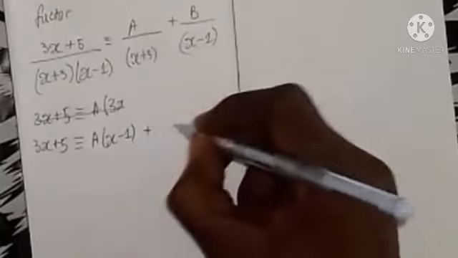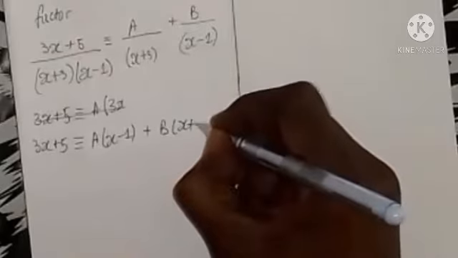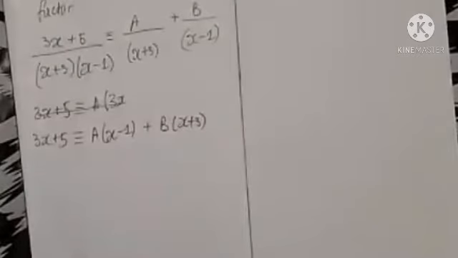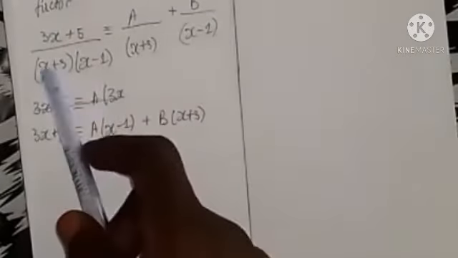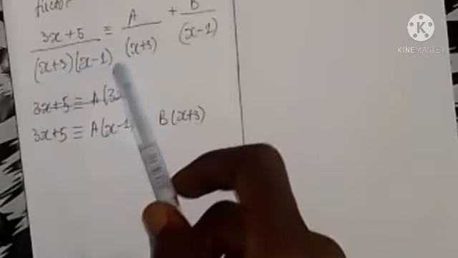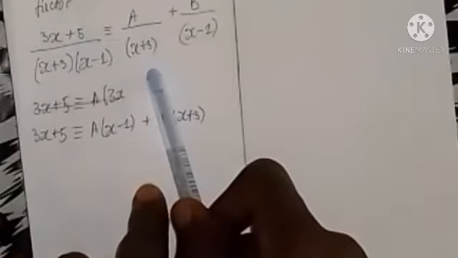Once you multiply by x plus 3 and x minus 1, you can notice we have a denominator with x plus 3, so it cancels out. Now you have to open the bracket on the right hand side.